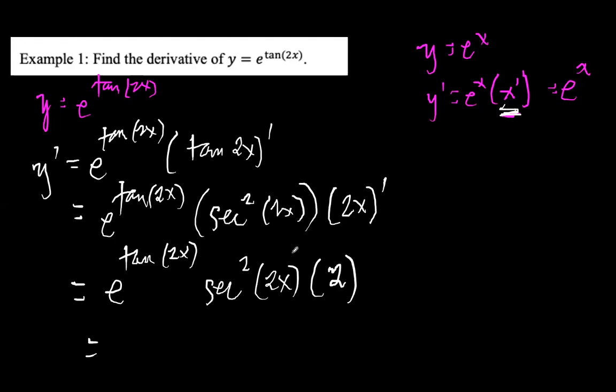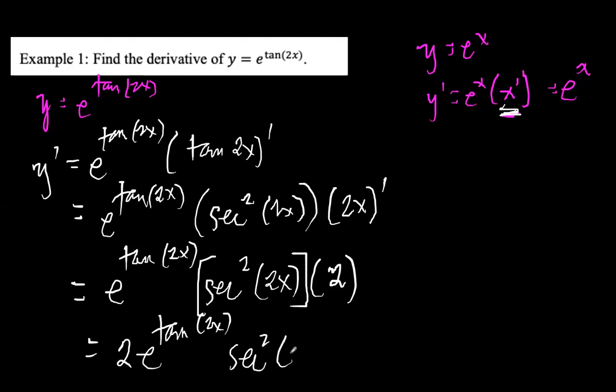So we should separate this here. This becomes 2e raised to tangent 2x times secant square 2x. By the way, guys, make sure that you properly write all of the factors in their places, because sometimes we might mistakenly regard one factor as another factor.